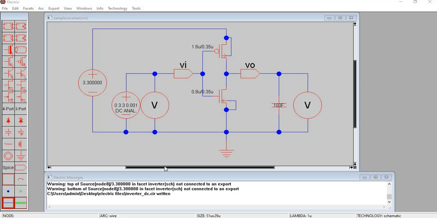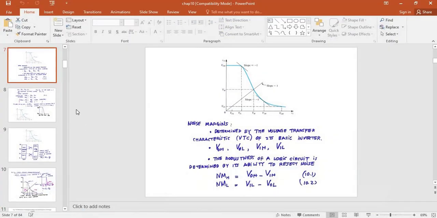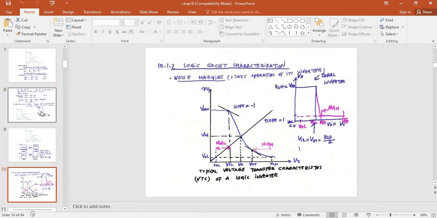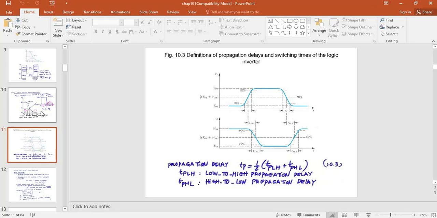So after getting the noise margin, let us now get another parameter. Let us now try to get the propagation delay of our inverter.